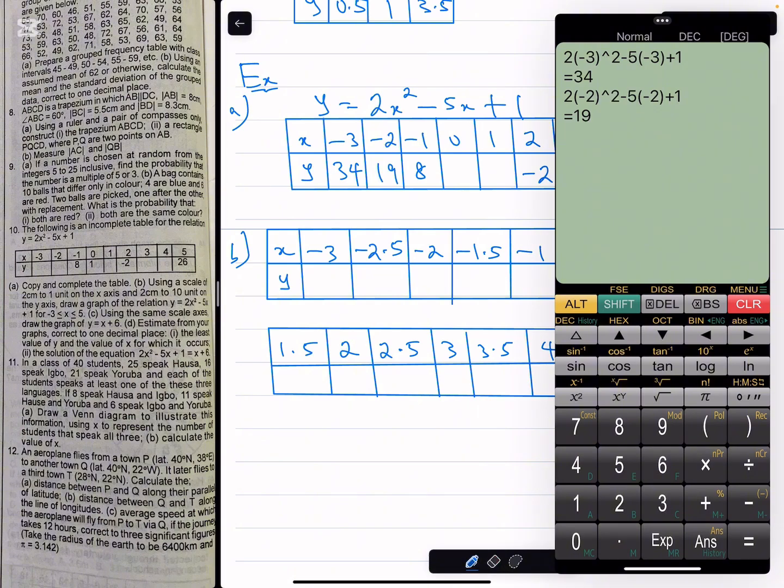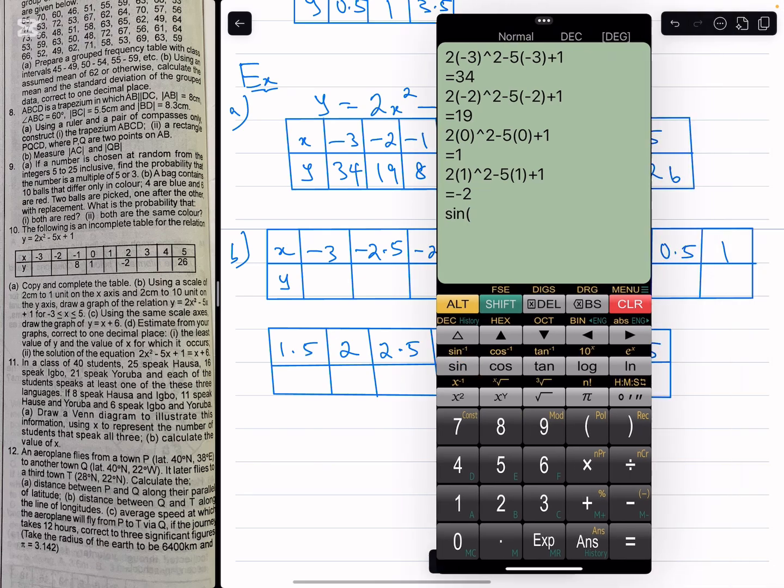When x is 0, y will be 2 into bracket the square of 0 minus 5 into bracket 0 plus 1, which is 1. When x is 1, y will be 2 into bracket 1 square minus 5 into bracket 1 plus 1, and that's minus 2.